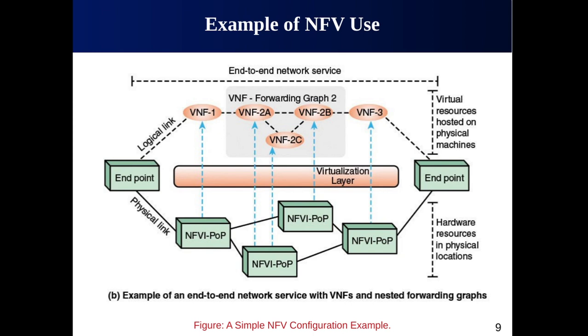All of these VNFs run on top of the physical hardware, with virtualization in between. You can see the virtualization layer here, the color is pink. So these VNFs are also pink, which means virtualization is there. They run on top of virtual machines, and virtual machines run on top of the physical machines. And those physical machines are called POP, which stands for point of presence.